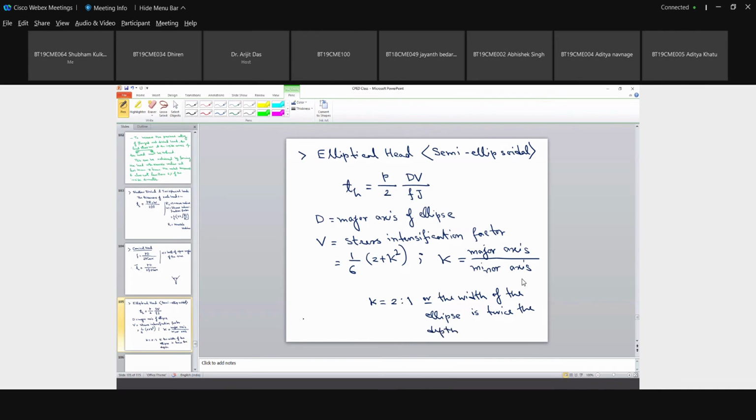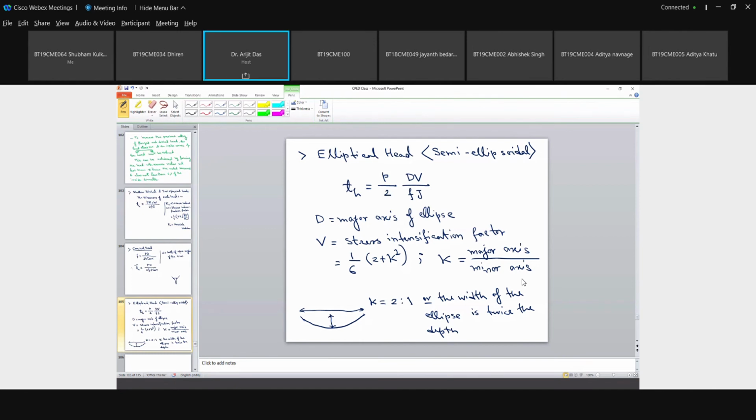Suppose this is the ellipsoidal head. This is the width and the depth is here. Major axis, minor axis.